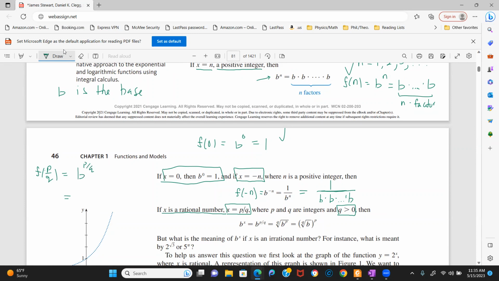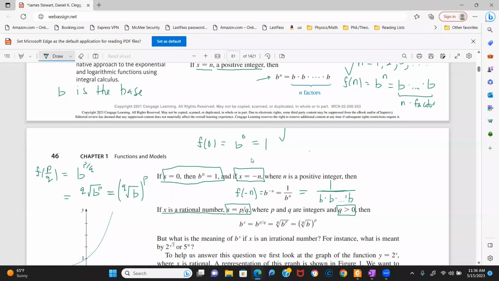There are a couple of ways to interpret this. You can say it is the qth root of b to the p, which is the same thing as taking the qth root of b and then taking that whole thing to the pth power. Either way, you can evaluate it, and we know how to take roots.